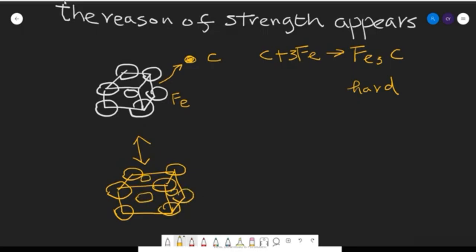So all the carbon should be here. That means it's a two-way process. Here is heating, and this way we call cooling.